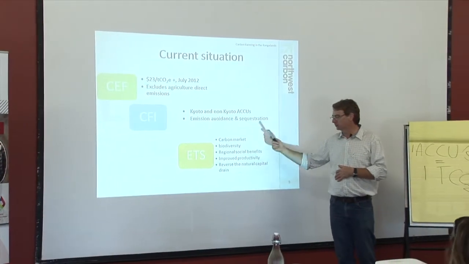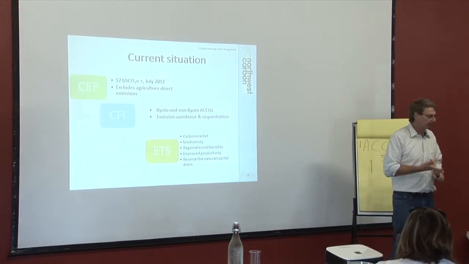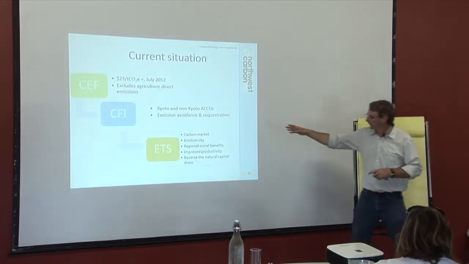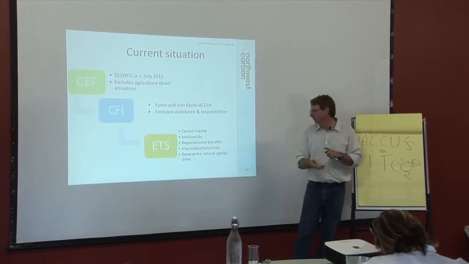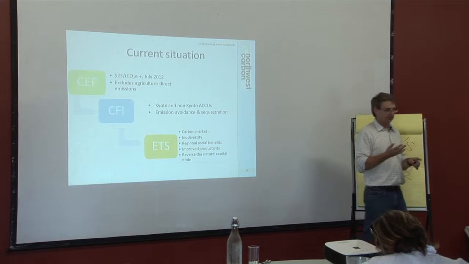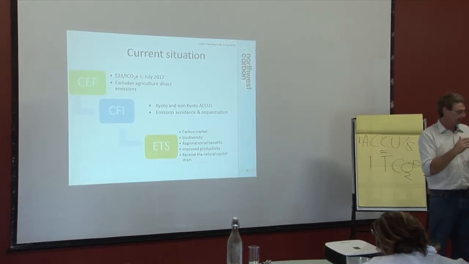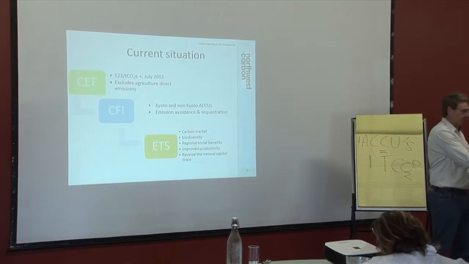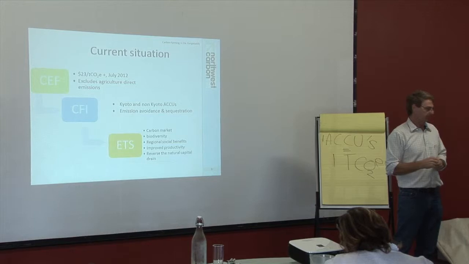The other parts are around getting good biodiversity outcomes, getting good land management outcomes. And the carbon farming initiative is actually designed to make sure we get things like regional social benefits and improved productivity. And I'll explain why. So that's why I keep saying there's carbon, but there's other values and other outcomes that you've got to actually base your decisions on as well.